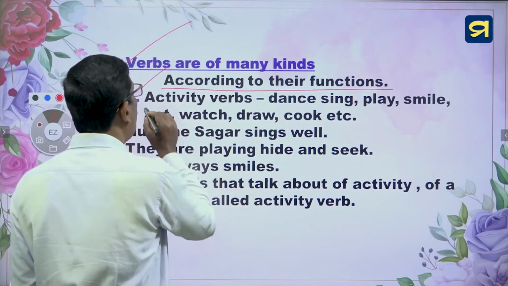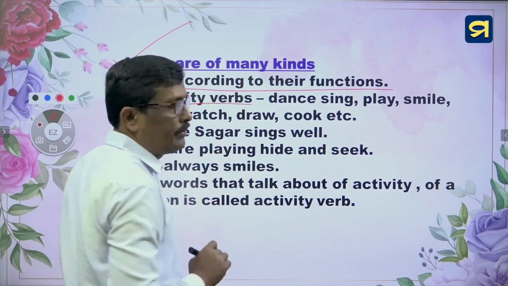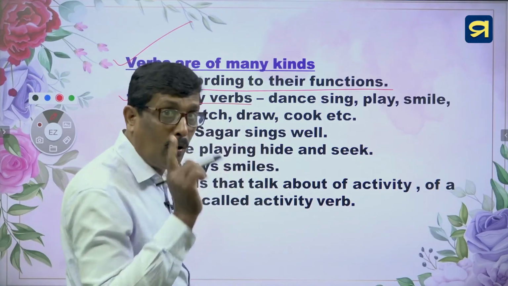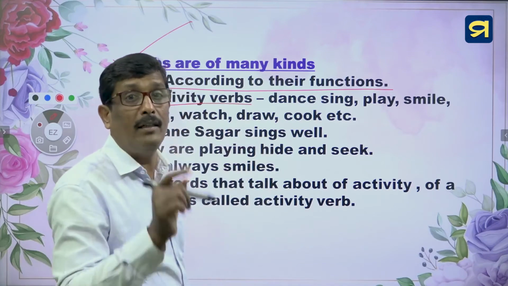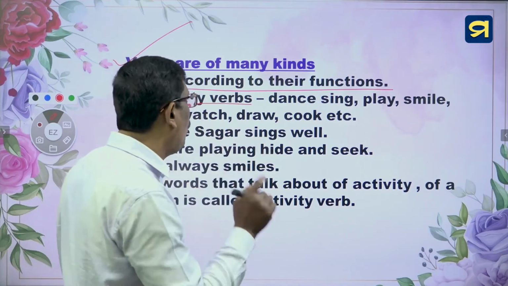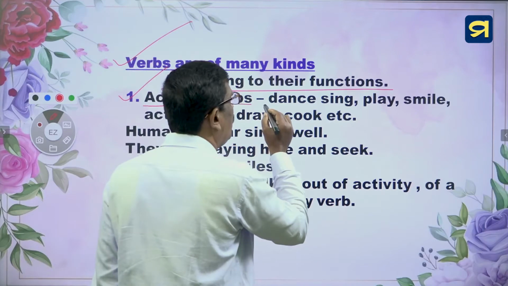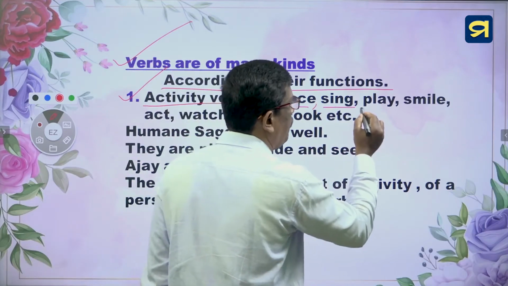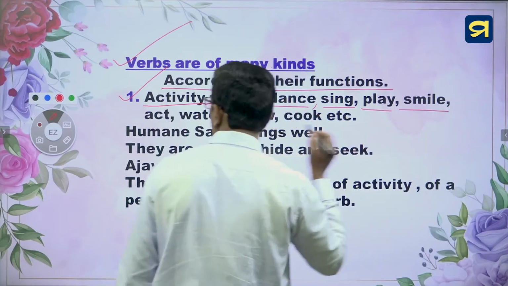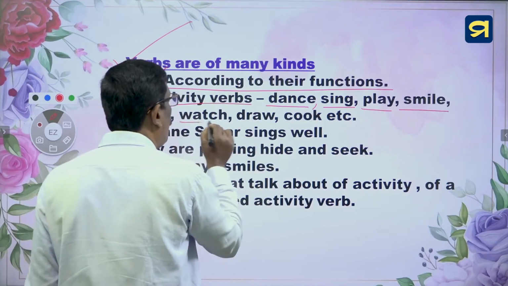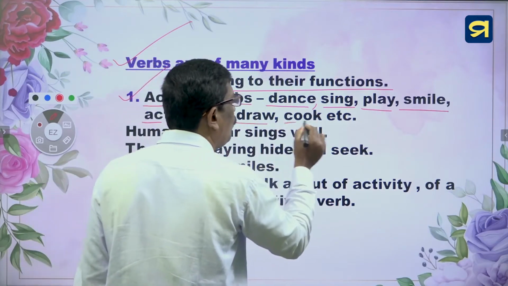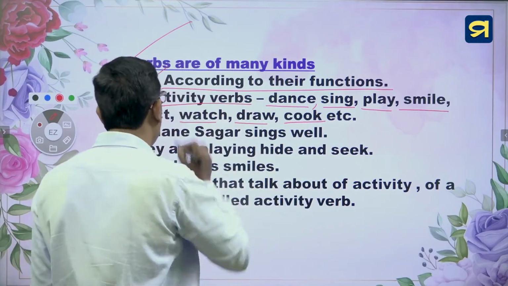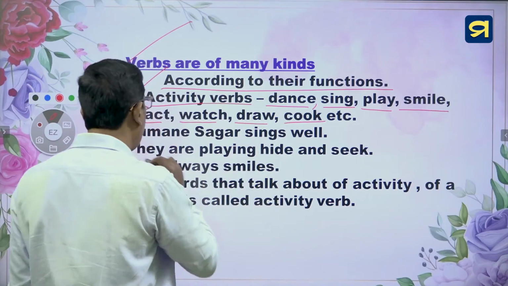Right now we are going to discuss activity verbs. What are activity verbs? The verb that talks about an action, an activity is called an activity verb. Examples: dance, sing, play, smile, act, watch, draw, cook. These are different examples of activity verbs. Sagar sings well.